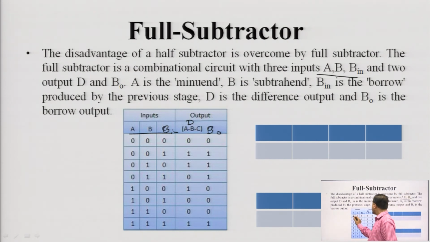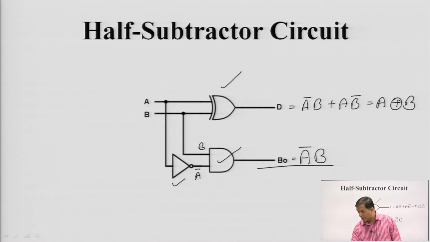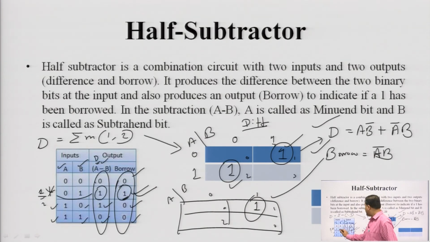Here 0 minus 0, difference is 0, borrow is 0. So, this is correct. For 0 0, difference 0, borrow 0. Now 0 1, difference will be 1, borrow will be 1.